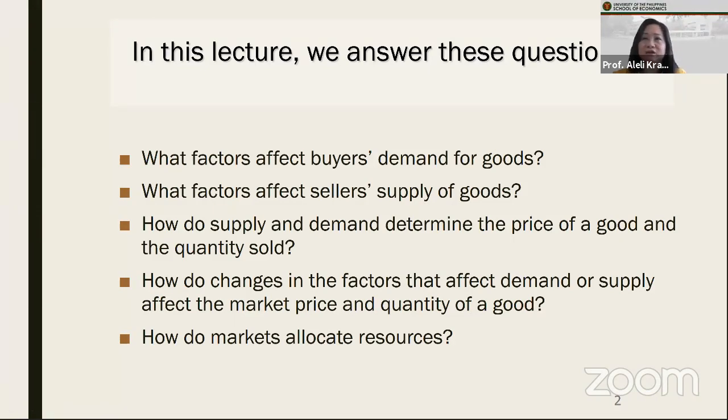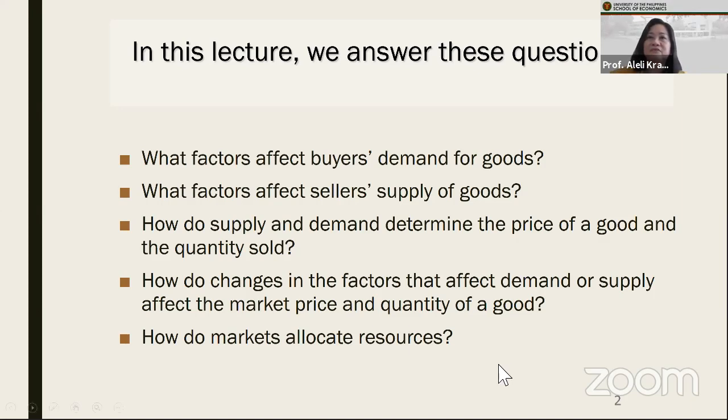And by market outcomes, we look at the market price and the quantity bought and sold of a good. And through these, we will have an idea how the markets allocate resources. So in effect, we're going to answer the question of how the markets organize economic activity, and one of the basic questions, which is how does it allocate resources?